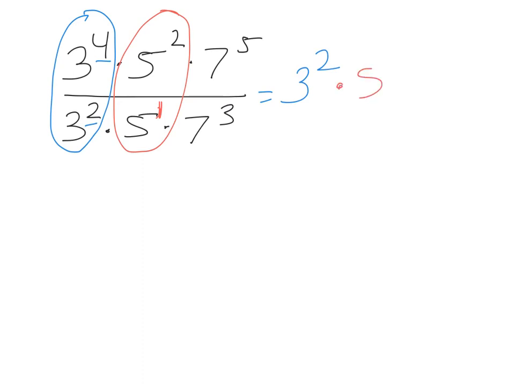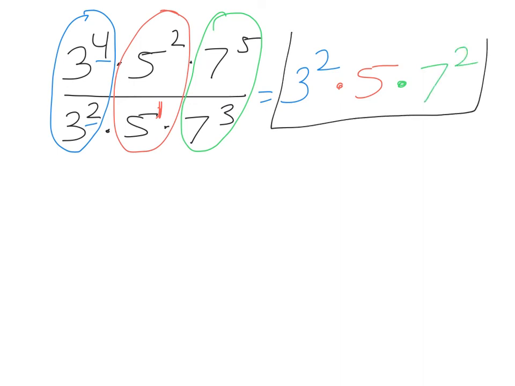So this is times 5, or 5 to the first. Finally, we have the last two here, which is 7 to the 5th divided by 7 cubed. 5 minus 3 is 2. So that gives me times 7 squared. So my final answer is 3 squared times 5 times 7 squared.